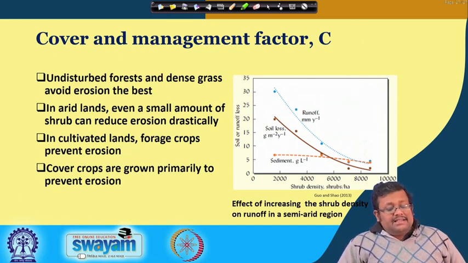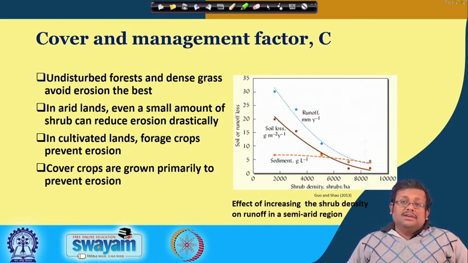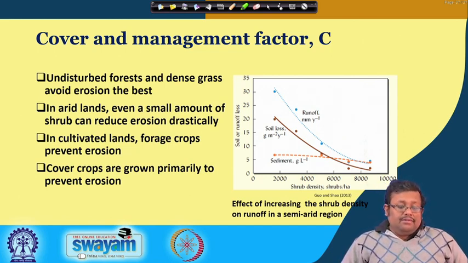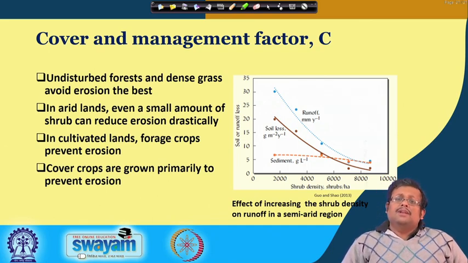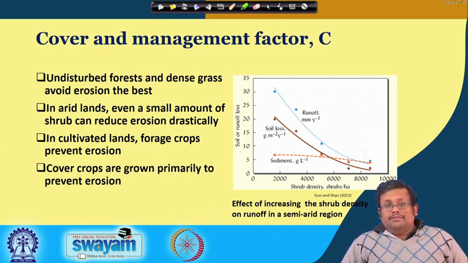So even a small amount of shrubs can help in reducing erosion drastically, because they help in attaching more soil particles and resisting their movement through runoff.